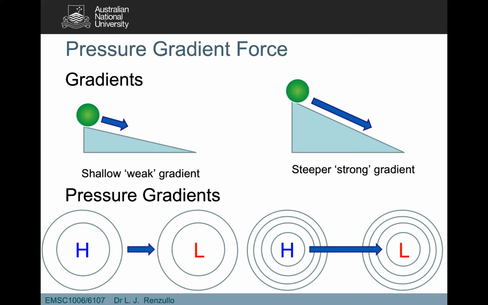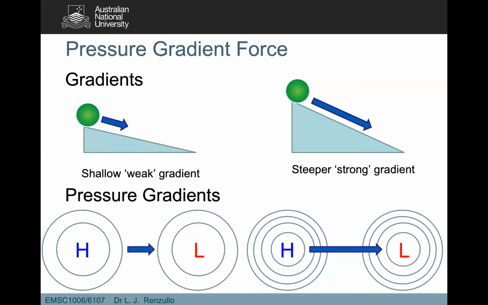On the right, we have an example of a high pressure to low pressure system where the gradient between the high pressure and the low pressure system is a lot stronger, a steeper gradient, and the equalization exerts a stronger force. The flow of air from high to low in the bottom right example is faster than on the left, where the gradient is less.